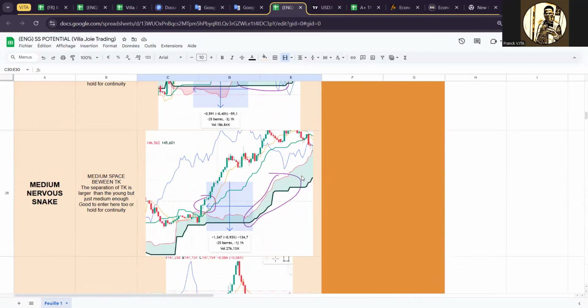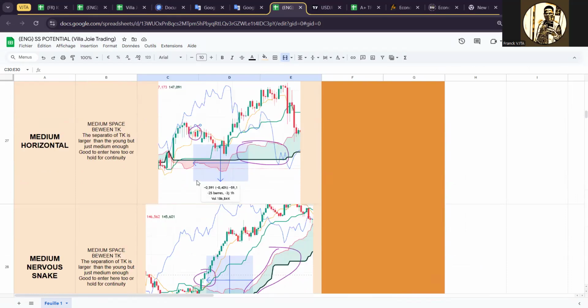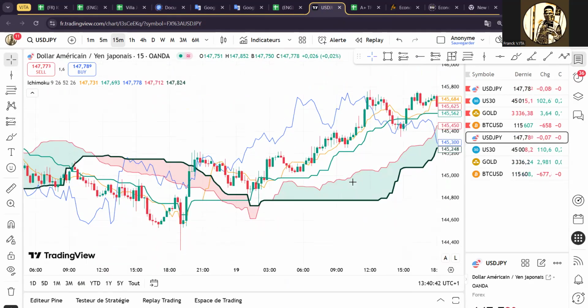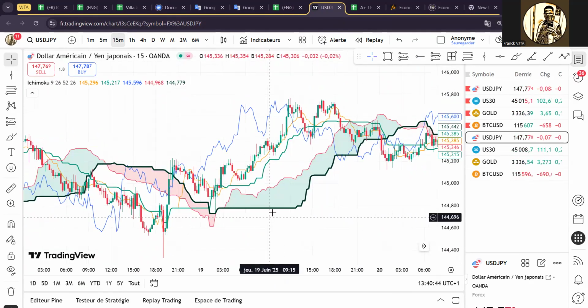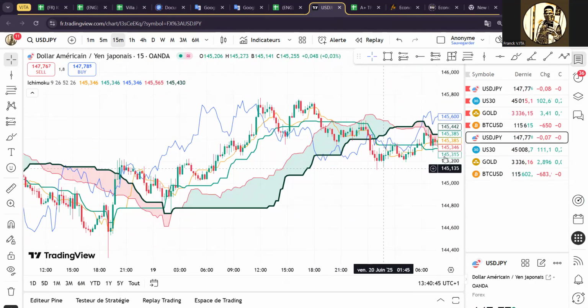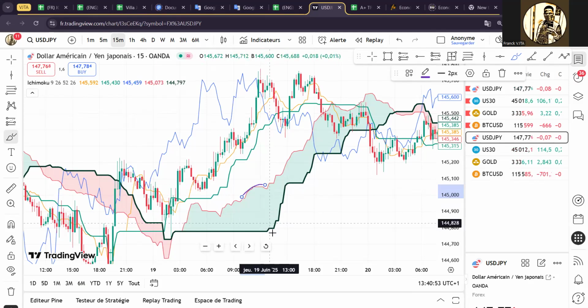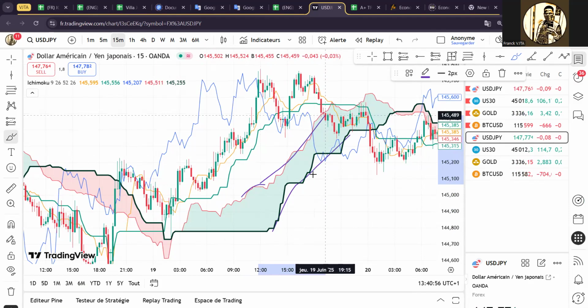And sometimes you have medium nervous snakes running up, or medium just running up. So, for example, when we had this huge fat python, it reduced, but it kept running to the upside with a medium size, right? That is exactly what happened here.